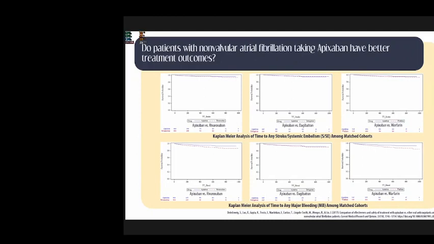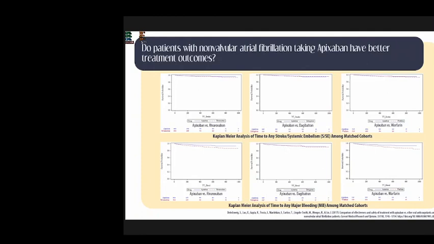110 na dabigatran o 130 na dabigatran? Kasi dabigatran has 2 doses. There's 110, there's 130. Apixaban is superior to dabigatran na 110. Pero non-inferior siya sa 130 as far as ischemic stroke is concerned.